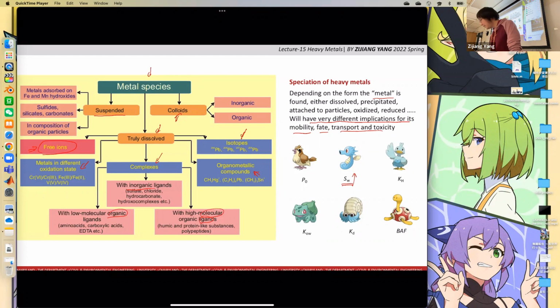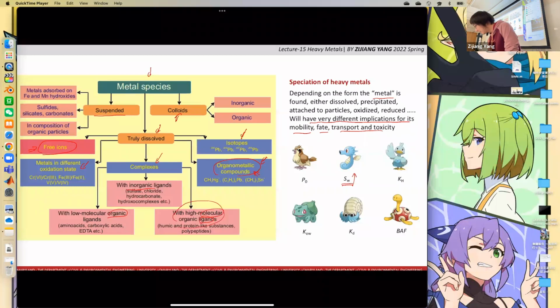On the other hand, if the metal is combined with some organic matter, like organometallic compounds, or forms some complex with the organic matter, then because of the organic matter, it will be relatively non-polar.